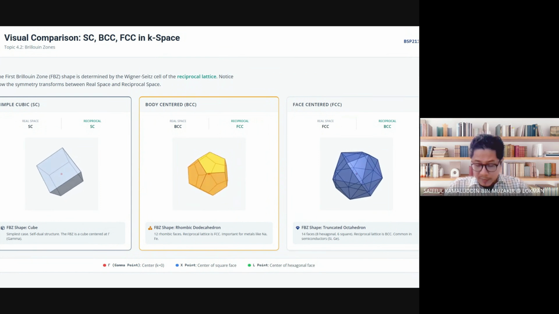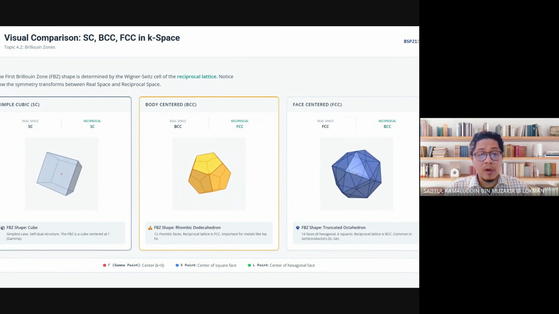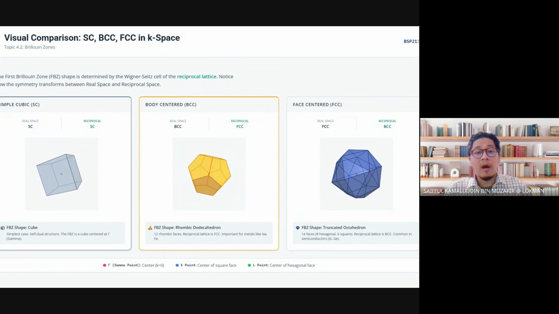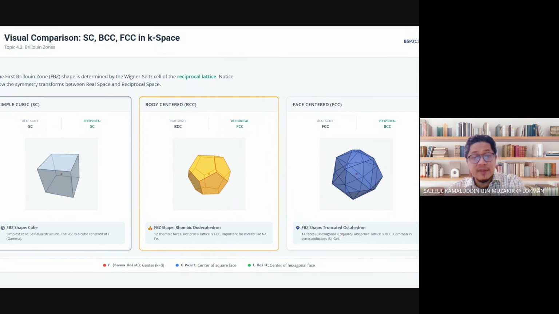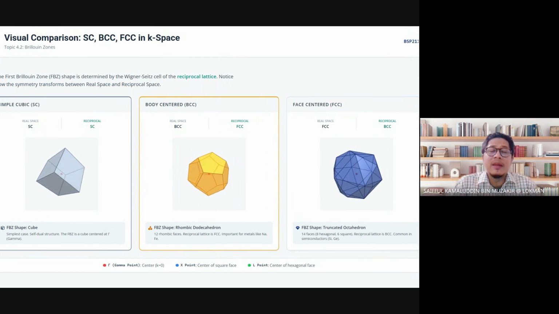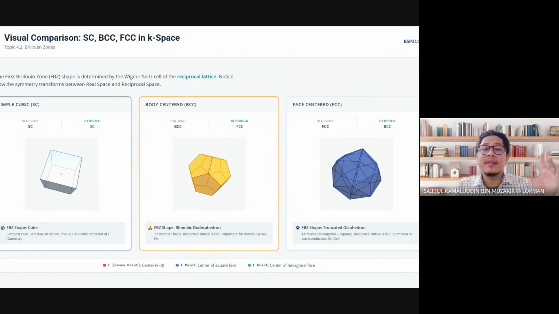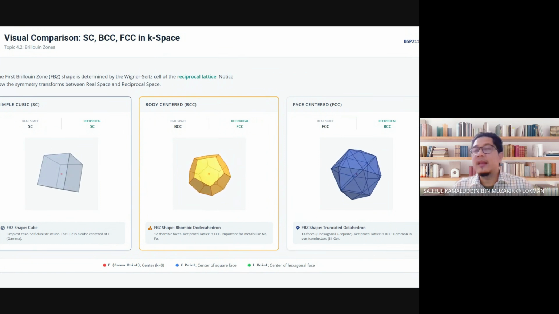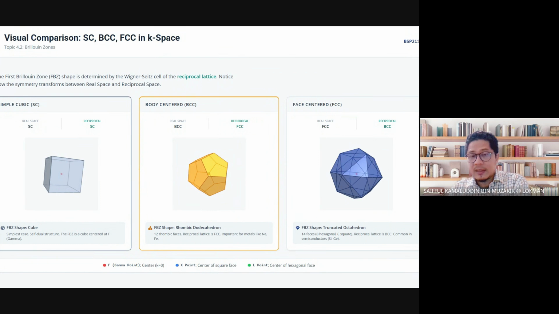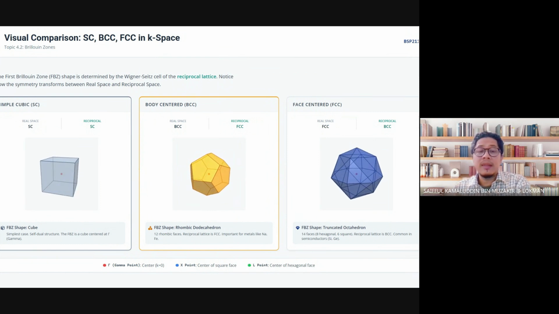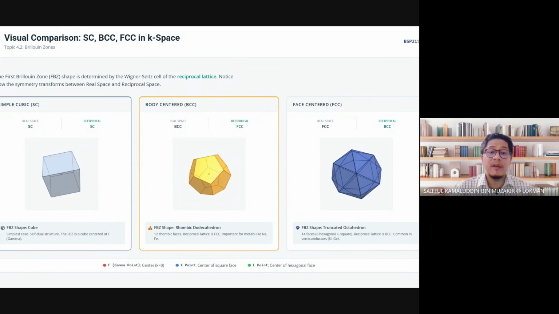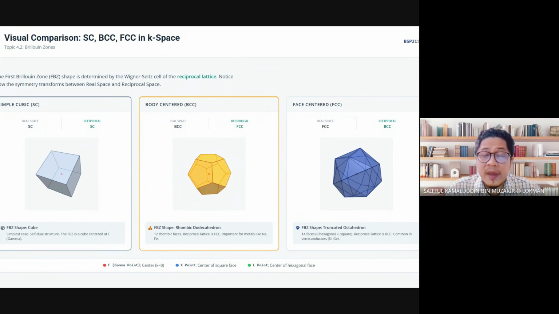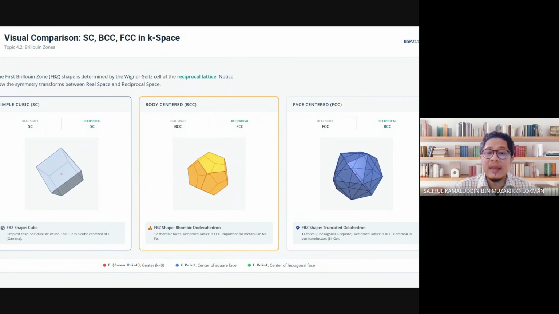Okay, so based on that software, we could draw the first Brillouin zone of the BCC. Okay, sorry, of the FCC. Wrong, not BCC. We draw the Wigner-Seitz cell. In the reciprocal lattice of the FCC, we draw the first Brillouin zone. So this is how the first Brillouin zone of an FCC looks like.